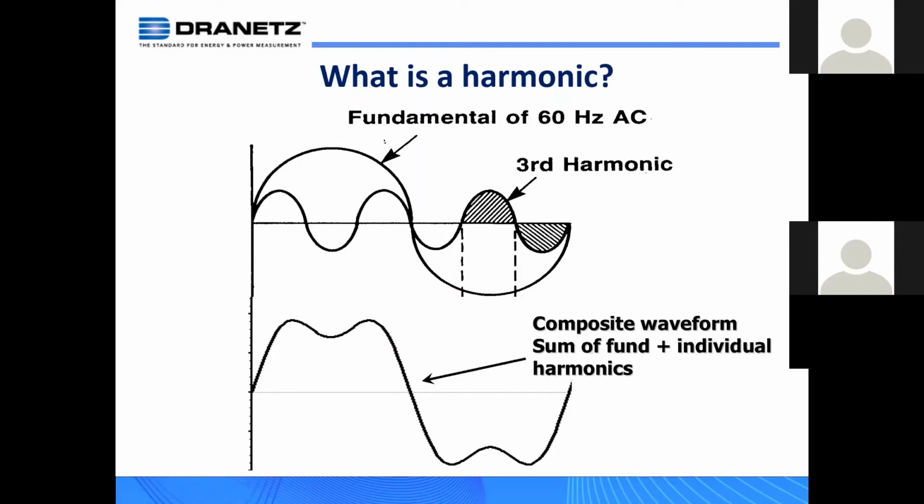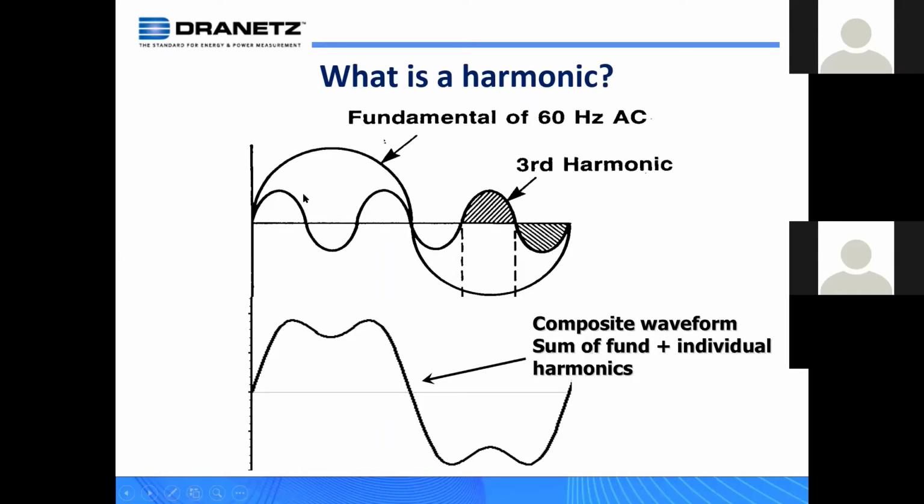Now, what this instrumentation does, we'll go into that detail later, it kind of peels out what frequency components are in that, much like what a spectrum analyzer would do. So in this simple case here, this composite waveform at the bottom is made up of X% of this fundamental, that's the 60 hertz component you see here, and Y% of the third harmonic, that's 180 hertz.